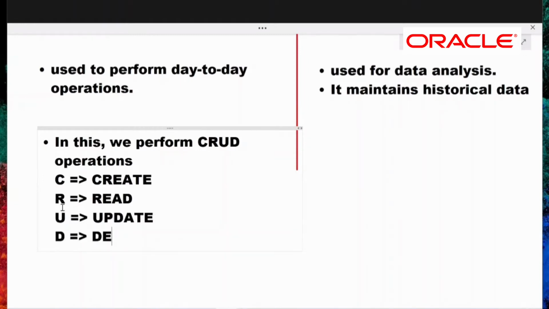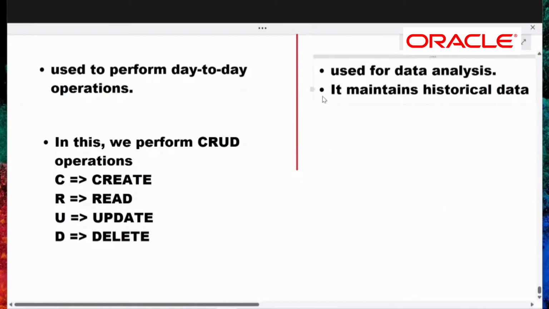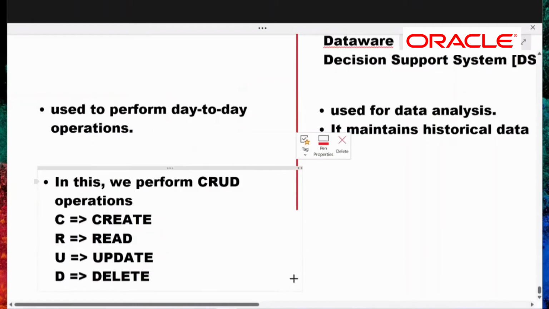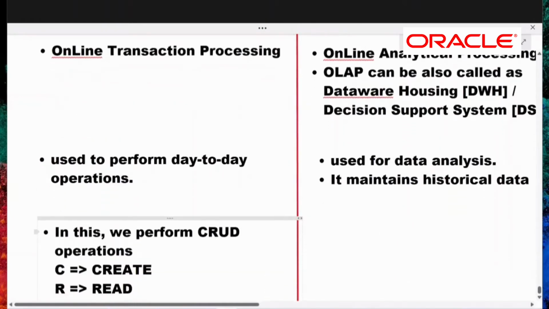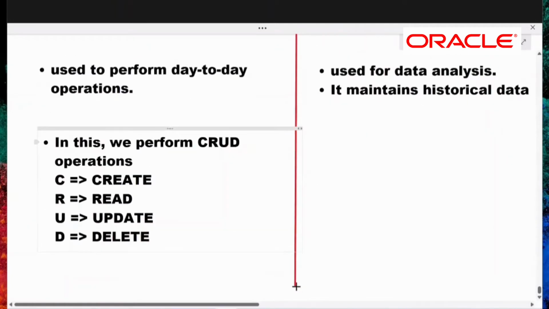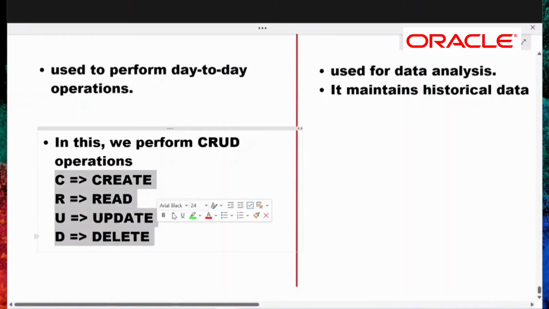These operations we perform in the OLTP, day-to-day operations. Okay, a new customer is opening an account, we create it. Customer account balance we want to check, we read it. Customer balance we want to update, we update it. Customer is closing the account, we delete it. So we perform CRUD operations in the OLTP.